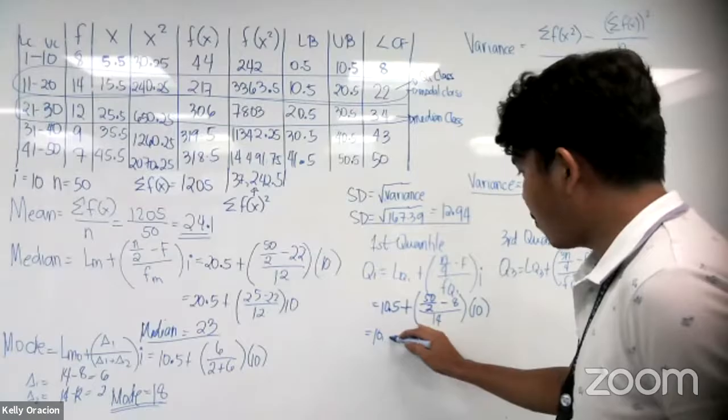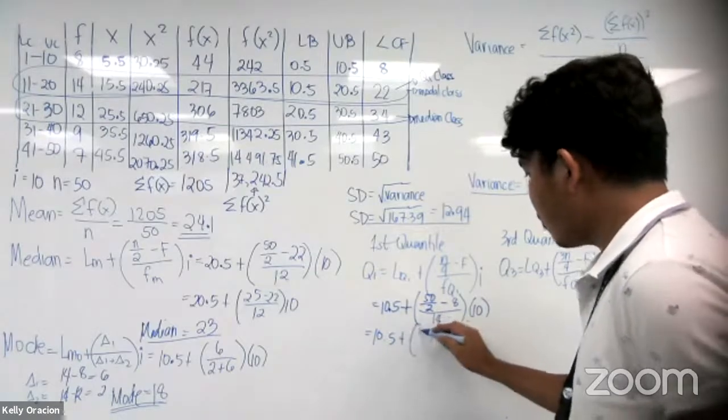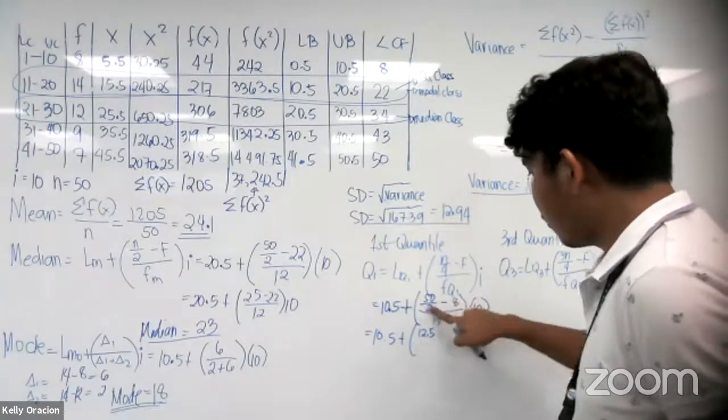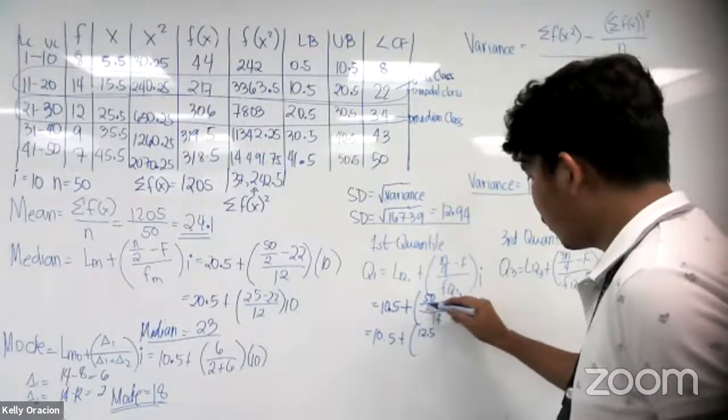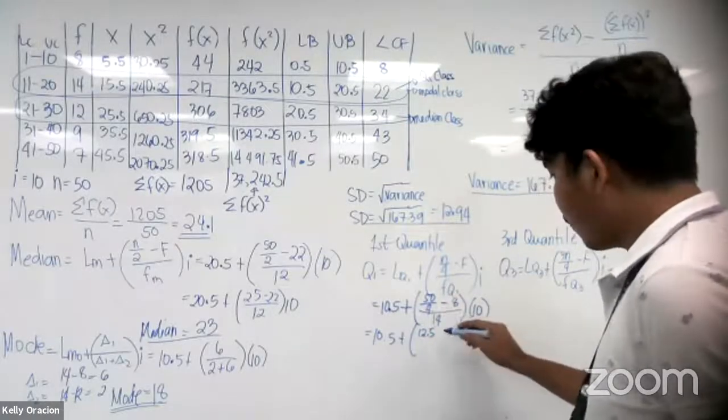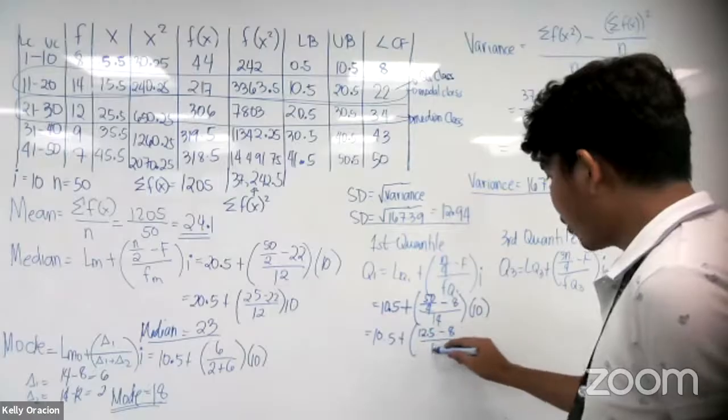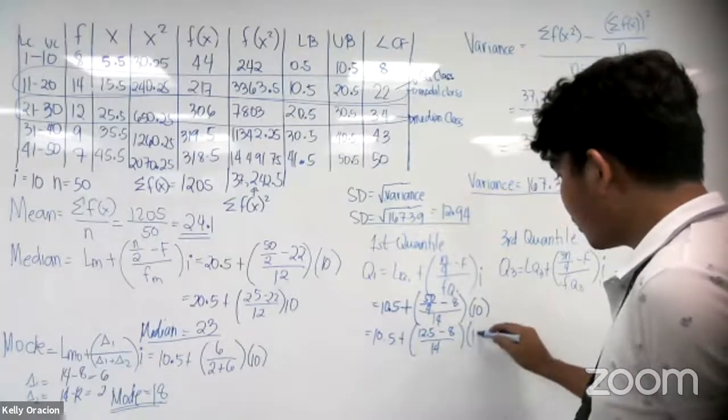So 10.5 plus 12.5, sorry, it is 4 again, I mistook it for 2. 12.5 minus 8 over 14 times 10.